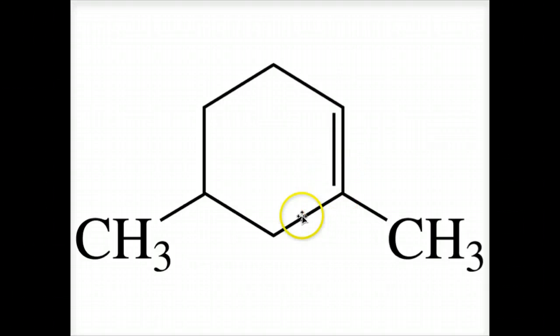We can't go the other way, because then the double bond would not be between 1 and 2. So 1, 2, 3, 4, 5, 6. So the name of the molecule will be 1,2-dimethylcyclohexene. And again, we don't have to say where the double bond is because it's always between 1 and 2.